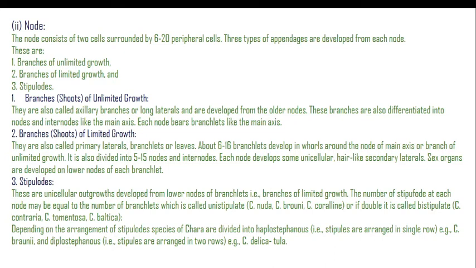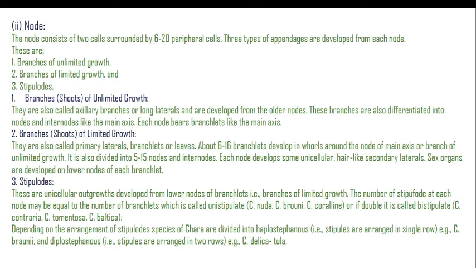The number of stipules at each node may be equal to the number of branchlets, which is called unistipulate, as seen in Chara nuda, Chara borni, Chara corlina. Or if double, it is called bistipulate, that is Chara contarium, Chara tomentosa, and Chara baltica.